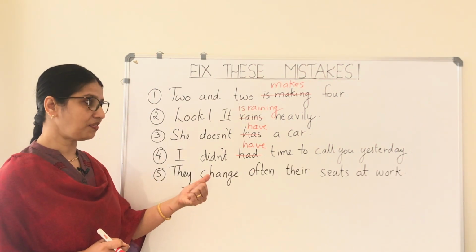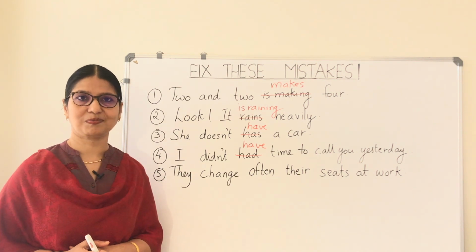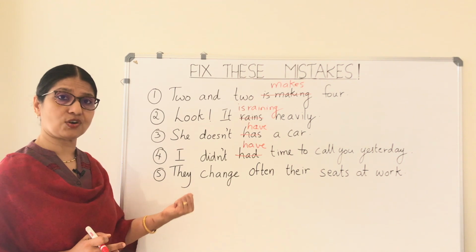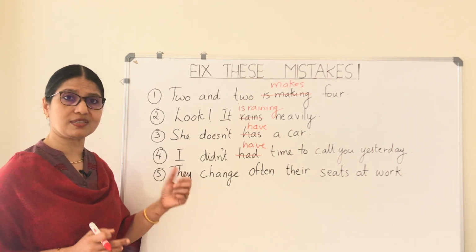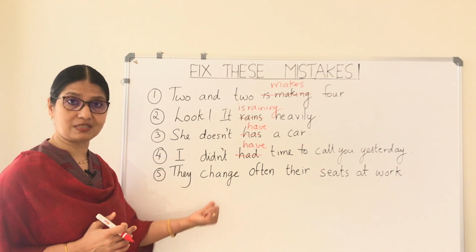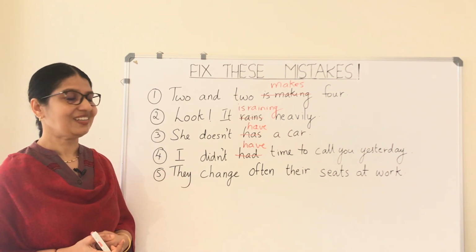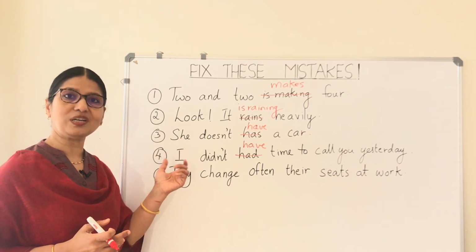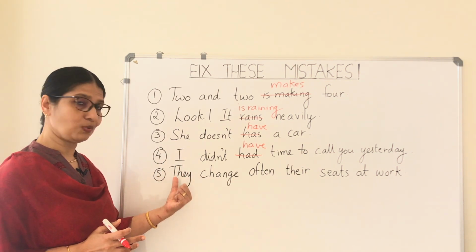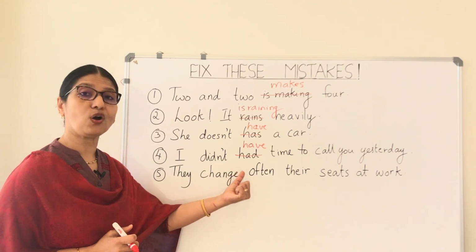They change often their seats at work. Could you find the mistake here? Do you think the tense is wrong? I don't think so because here we talk about a repeated action. So I use the present simple, that's right. Here the mistake is with the word order itself. So you can see that I wrote they change often.